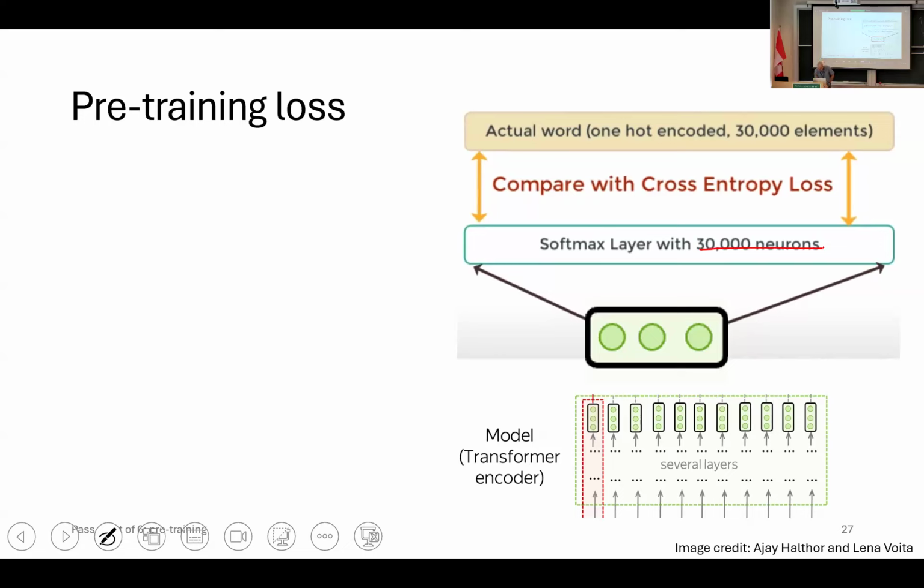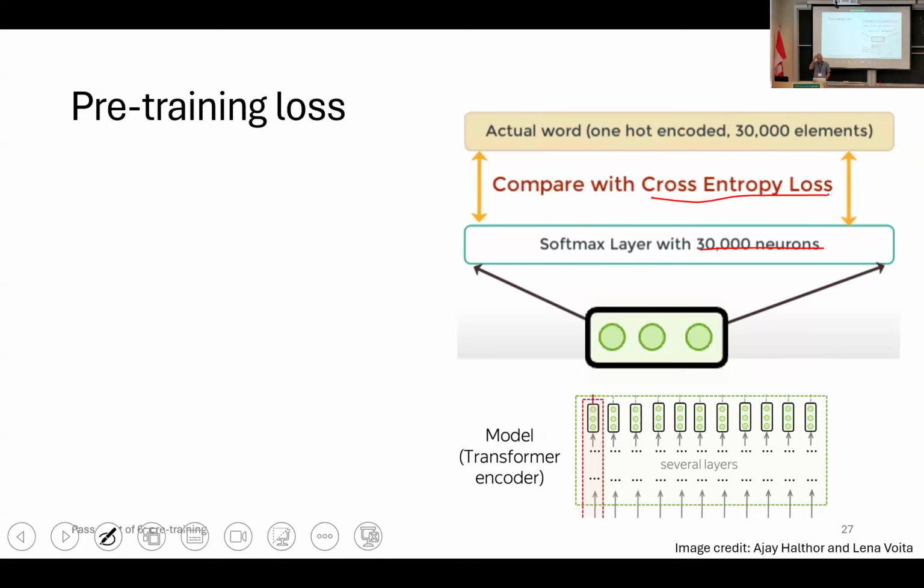So let's say this vector becomes a vector with these neurons, and then we compare using a cross entropy loss to the actual word that was missing, right? And based on that, we calculate the loss.